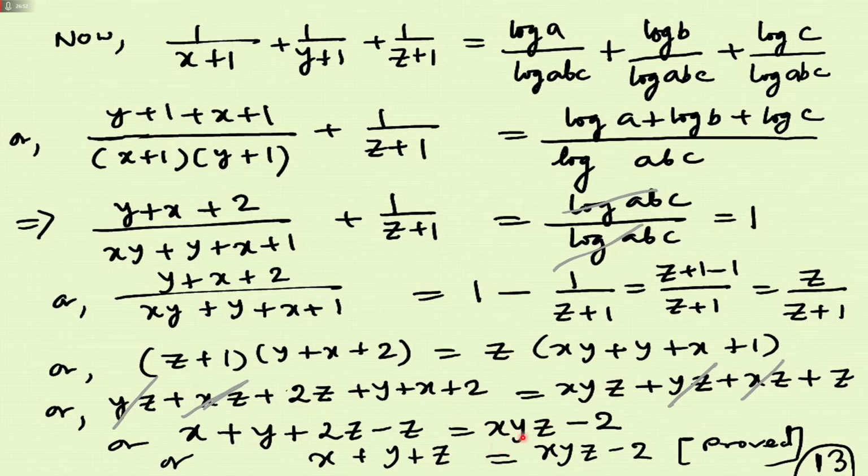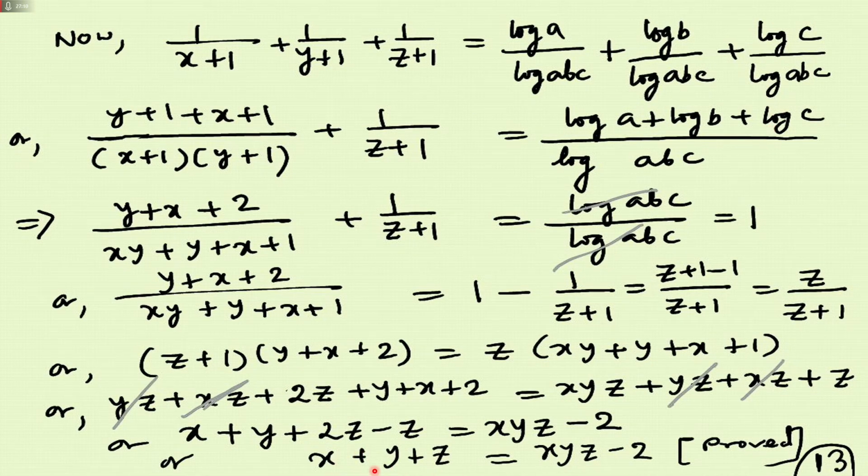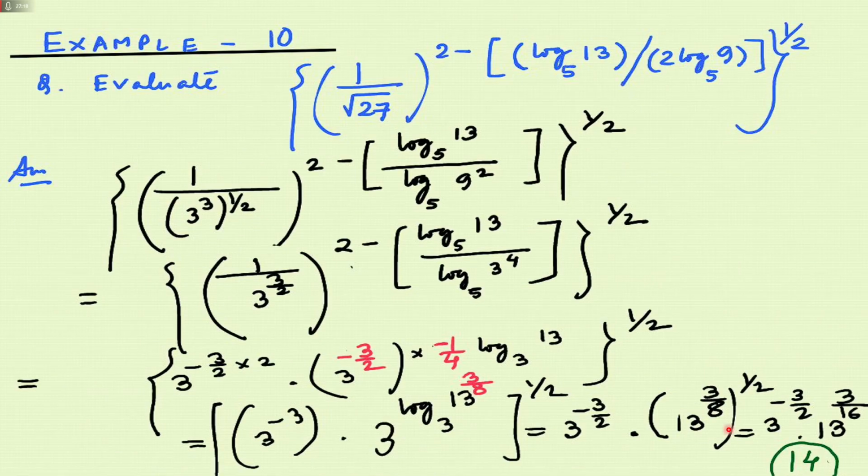Now you will have xyz minus 2 in your right hand side, and after calculating 2z minus z, you will have x plus y plus z in the left hand side of the equation, and you had to prove this x plus y plus z equal to xyz minus 2, and finally you have this term. So you have just completed the proof. So I have written here proved.